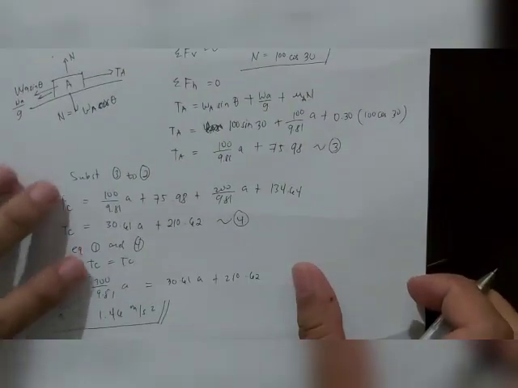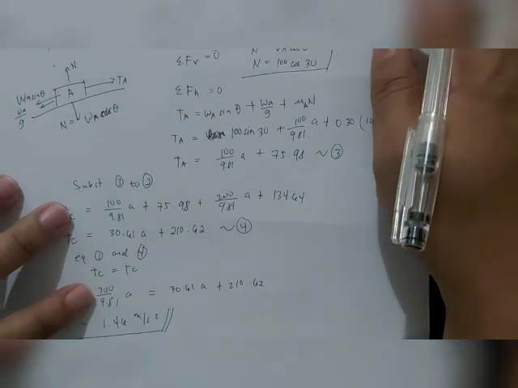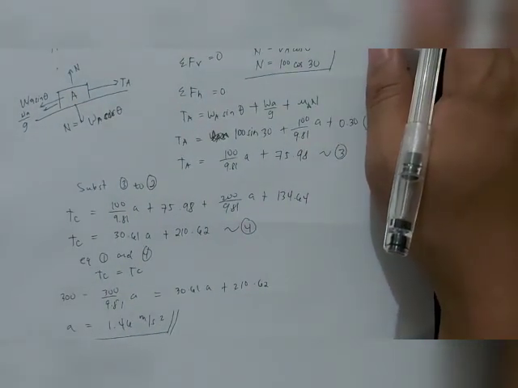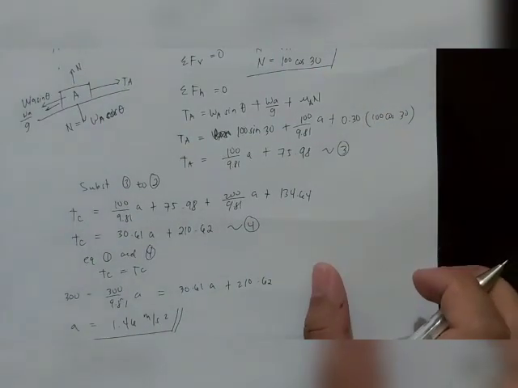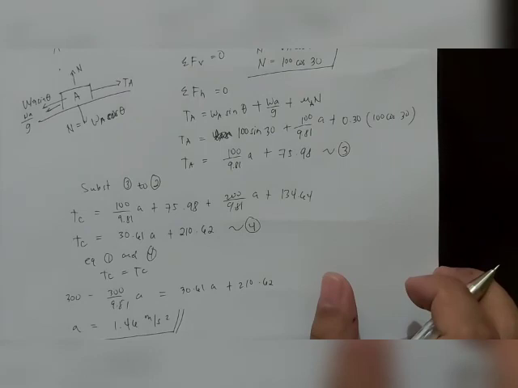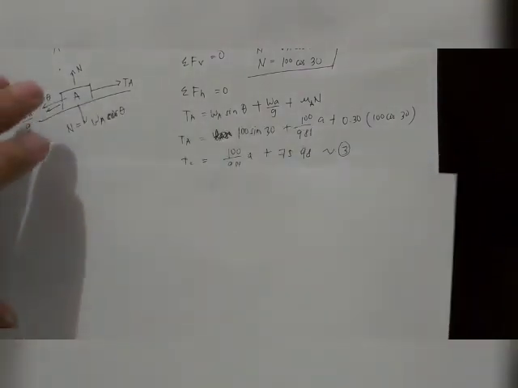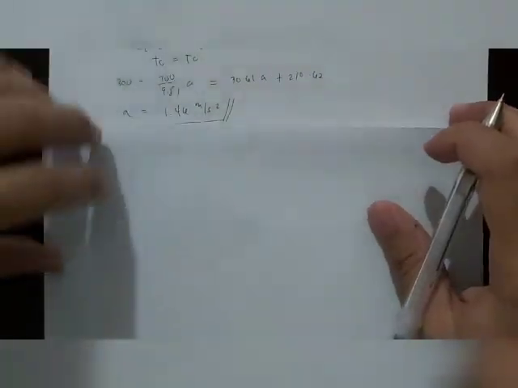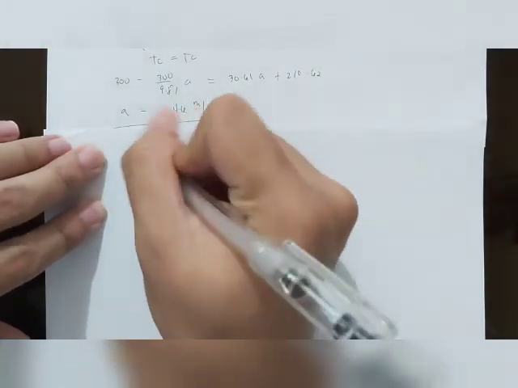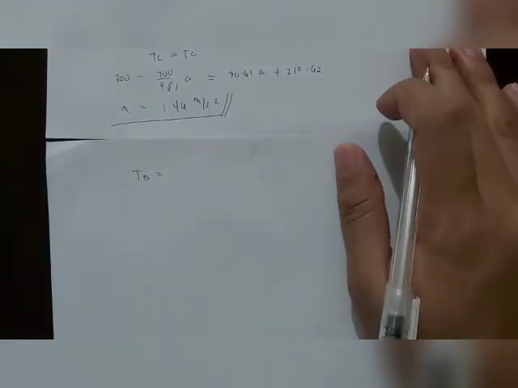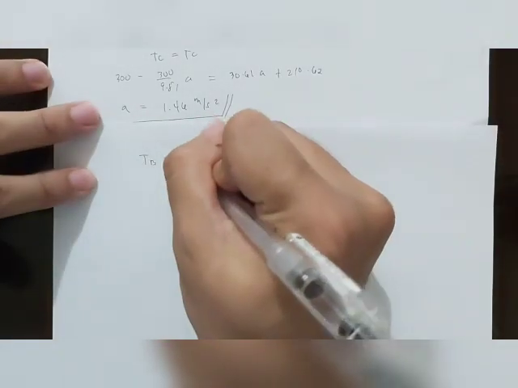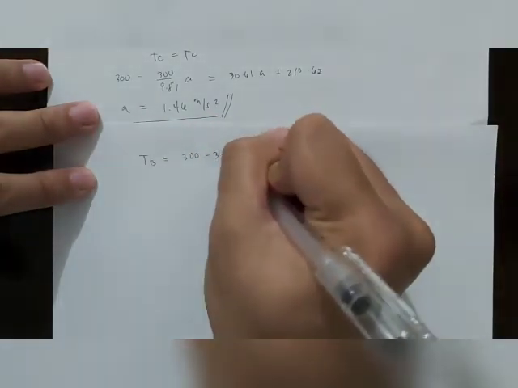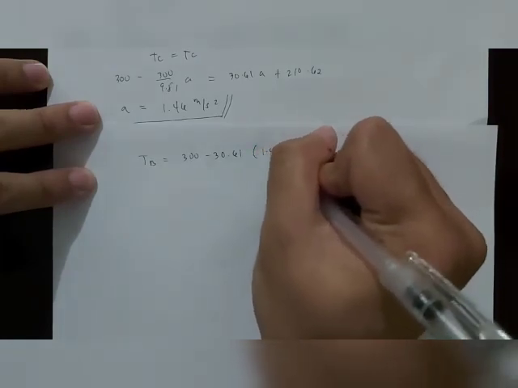Then for tension A and tension B, we just substitute the values. For tension B, we substitute a: 300 minus 30.61 times 1.46.